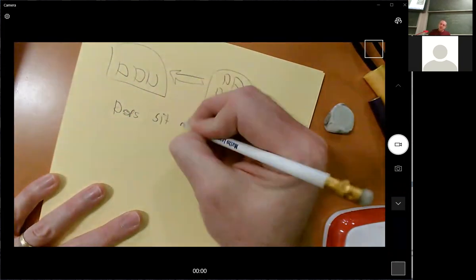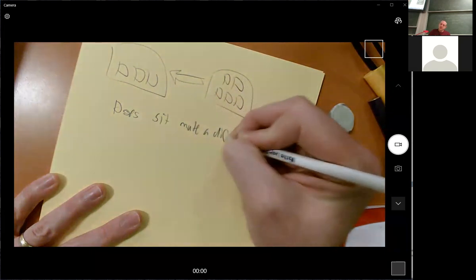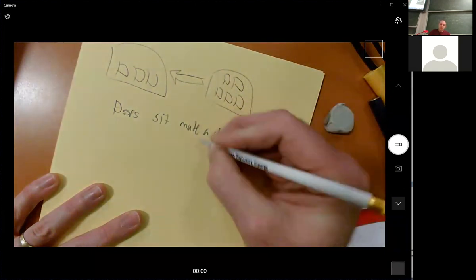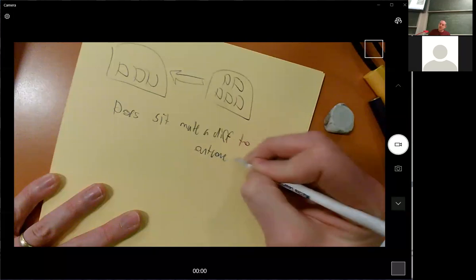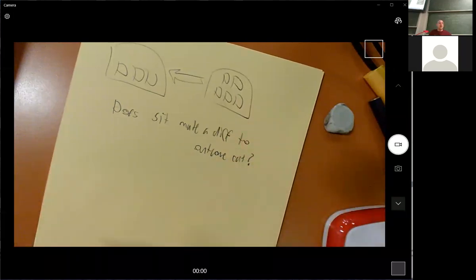Does the situation make a difference to the outcome category? Which is the same as saying, is there an association between these two variables? Which is why it's called the Chi-Squared test for independence.